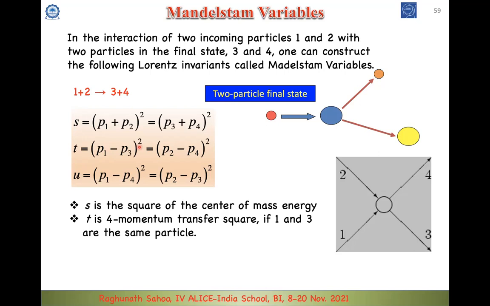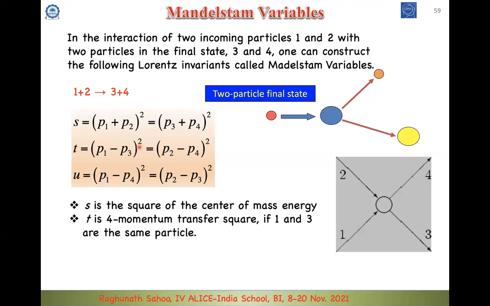S is the square of the center of mass energy, and T is the 4-momentum transfer squared. These two are more used, essentially S is more used by us. But in particle physics, when they look into S channel, T channel, and U channel interactions, they deal with these Mandelstam variables more than a heavy ion physicist like us.